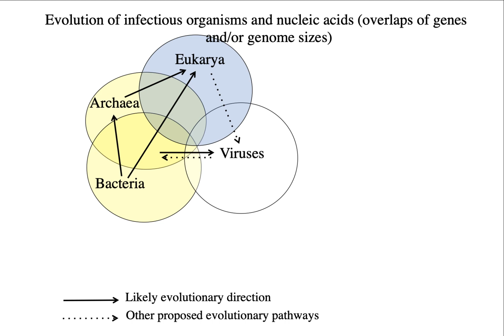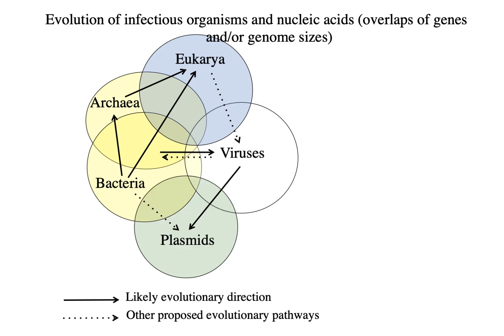One theory is that viruses joined together became the bacteria, but that's a dotted line because that has less support in the literature. When plasmids are joined into this scheme, then they have some characteristics that are similar to bacteria and some that look more like viruses. In fact, some have characteristics of both plasmids and viruses, and I'll talk about that in a later lecture.